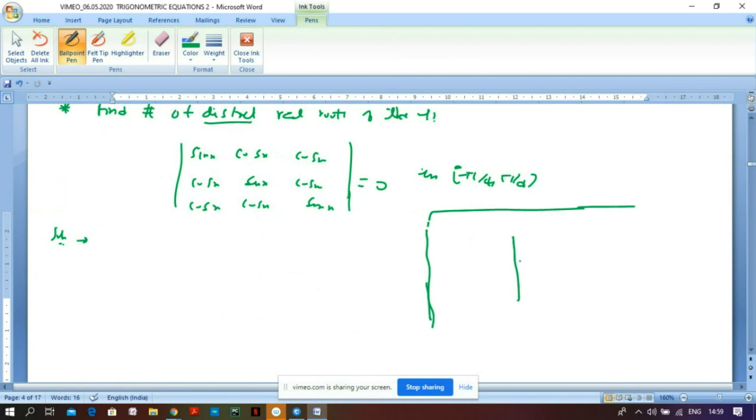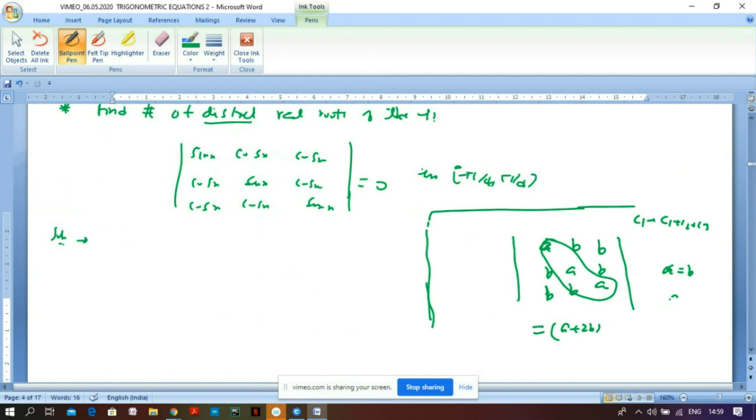So I told you that if you see some expression like all diagonals a and off diagonals b, then this expands quite easily, as you can first figure out that a plus 2b is a factor, because if I do c1 plus c2 plus c3, a plus 2b will be formed in the first column always. So a plus 2b is a root, and if you put a equal to b, then 3 rows become identical.